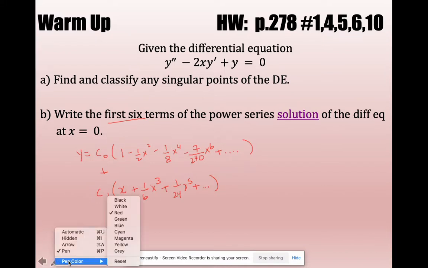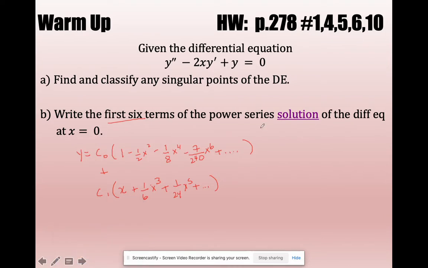But just for demonstration purposes, this link is to a Desmos that has these 2 functions with their rules in it with an initial value problem. If I told you that y of 0 was equal to 1 and y prime of 0 was equal to 1, that's what c sub 0 and c sub 1 is.